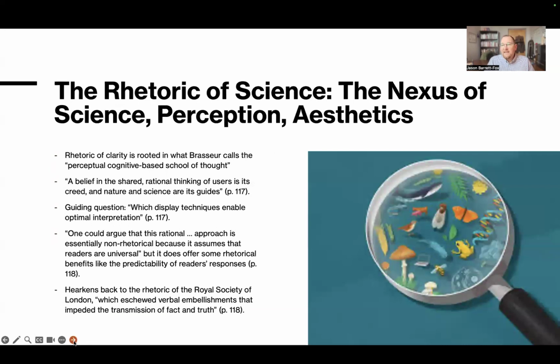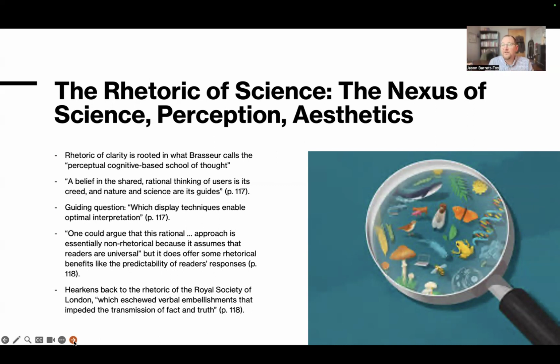And so we see this conundrum of clarity at work in the rhetoric of science, right? In the nexus, in the point of intersection between science, the way we perceive things, like the actual machines in our bodies of perception, like our ability to see certain colors, not see other colors on the spectrum, to hear certain frequencies, not hear other frequencies on the spectrum, and aesthetics, right?